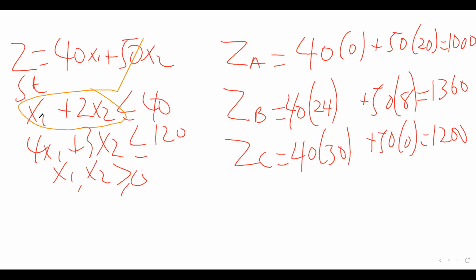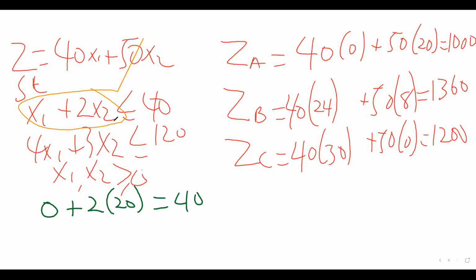So x1, I pick the point A, that will be 0, plus 2x2, and x2 was what? 20. So at that point, you have 20. The answer you get when you multiply that is equal to 40. What that means is that that coordinate will make the labor constraint binding.